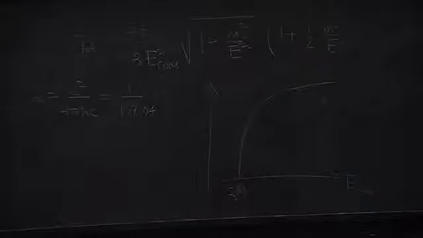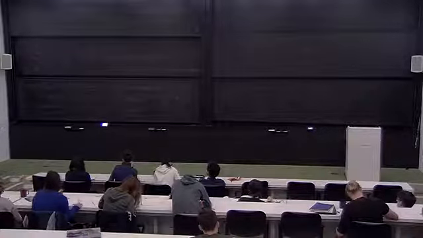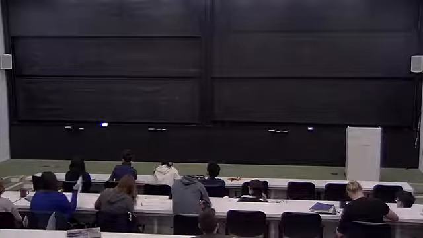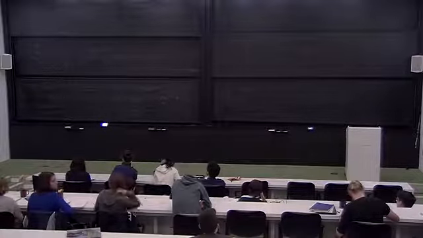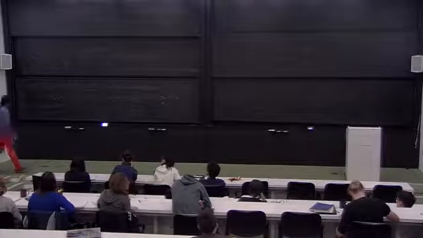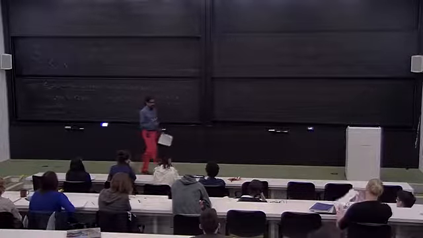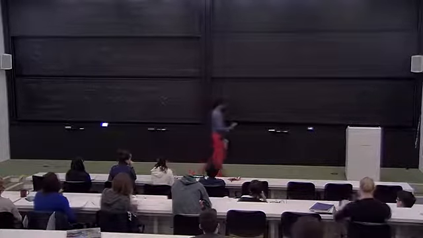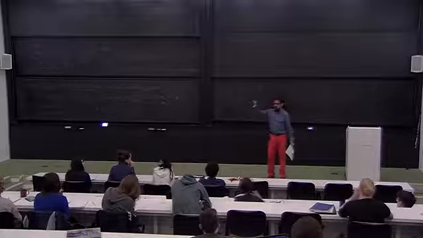I want to quickly mention something. I don't think we'll have time to get there in detail, but it's in the notes. A lot of these diagrams, as you probably have noticed by now, seem to be the same kind of diagrams if you just rotate them by 90 degrees.